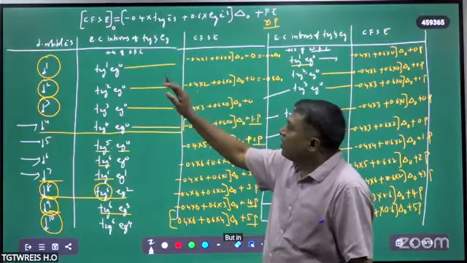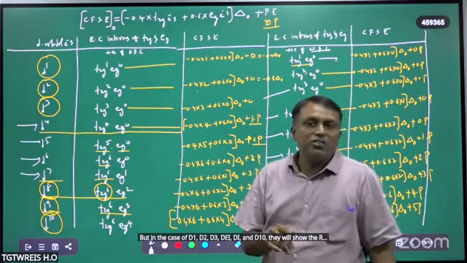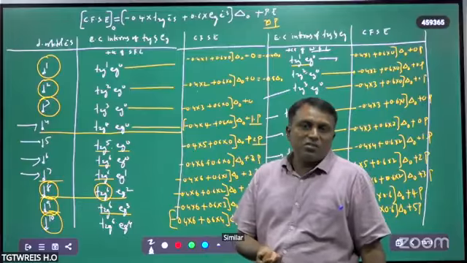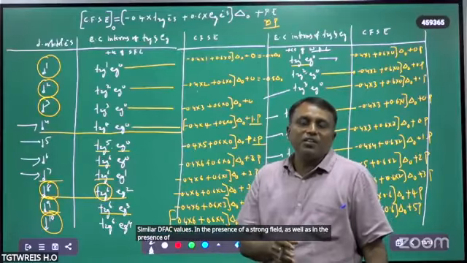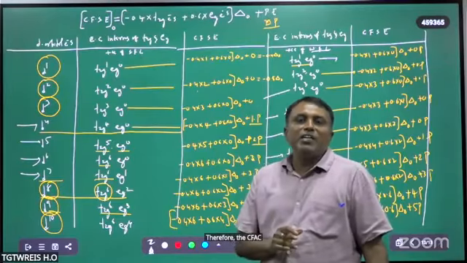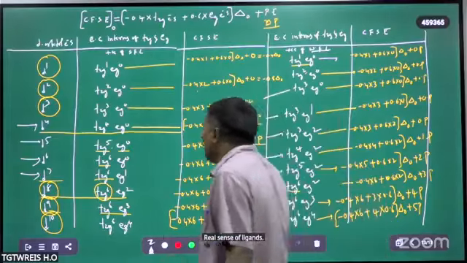But in the case of d1, d2, d3, d8, d9, d10, they will show similar CFSE values in the presence of a strong field as well as a weak field. Therefore, their CFSE value is independent of the field strengths of ligands. So this is a major important point.